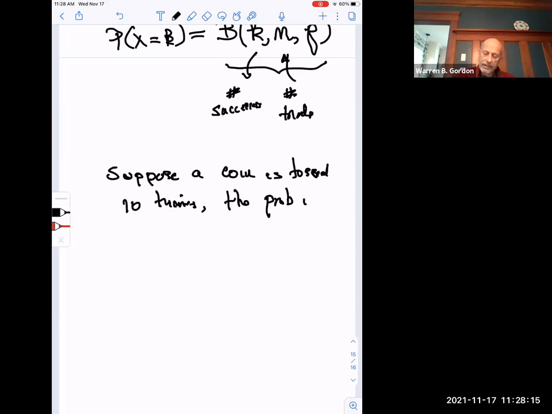The probability of a head is 0.6. Determine the probability of 5 heads.